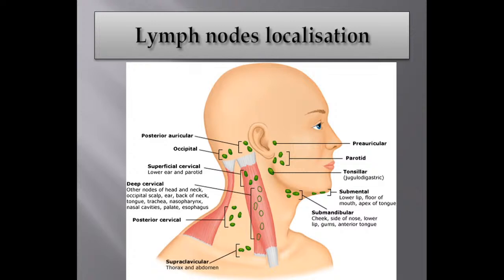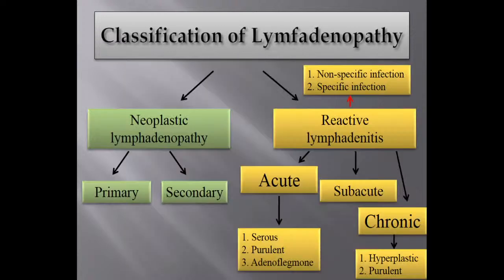Lymphadenitis may affect a single node, as you can understand, or a group of nodes, and may be unilateral or bilateral. And usually if the etiology of this enlargement of lymph nodes is inflammatory, it's usually one lymph node on one side where we can find inflammatory process of other organs, for example, tooth.